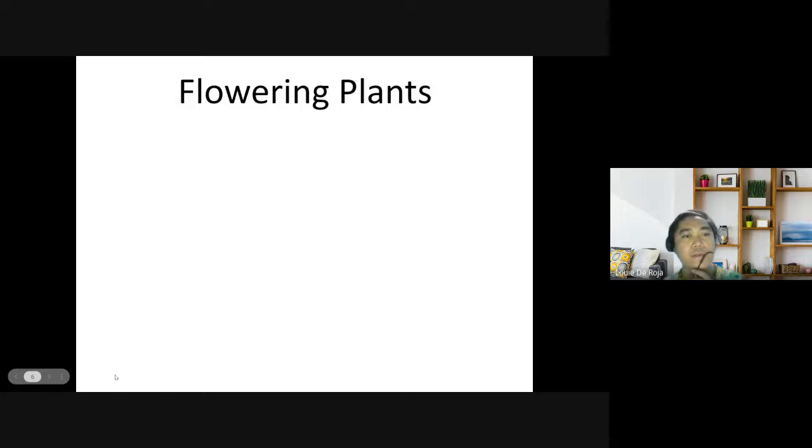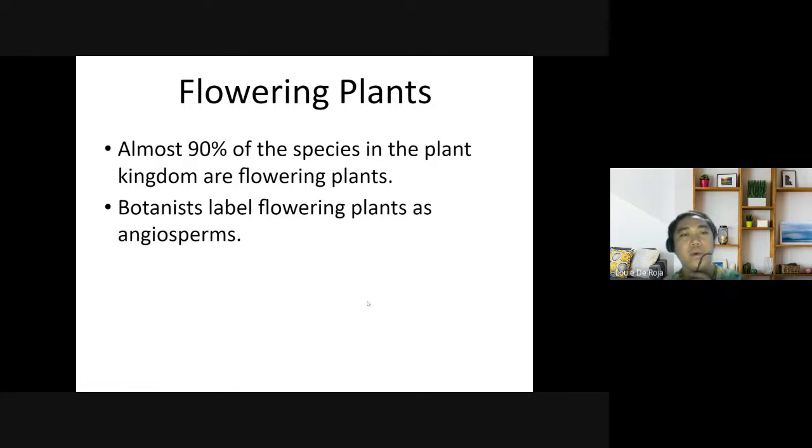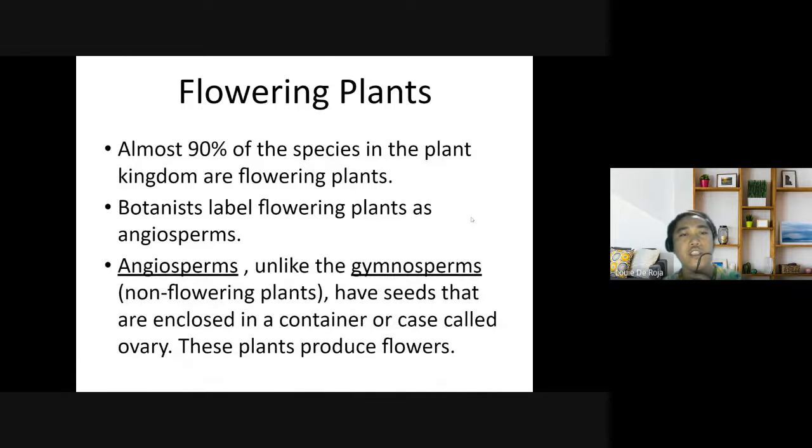So, these are flowering plants. Almost 90% of the species in the plant kingdom are flowering plants. Botanists label flowering plants as angiosperms. And angiosperms, unlike gymnosperms, non-flowering plants, have seeds that are enclosed in a container or case called ovary.